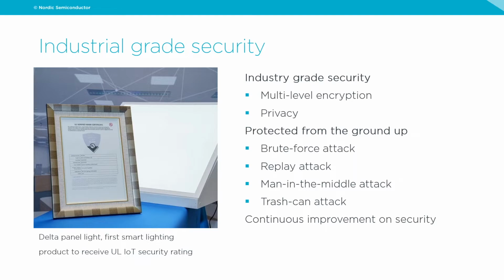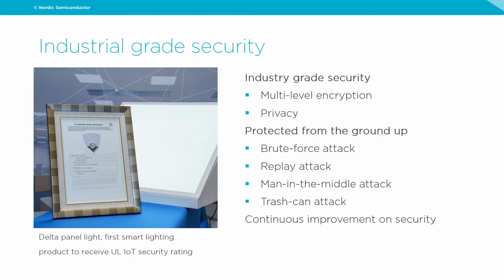The goal is actually industrial grade security. So multi-level encryption, privacy by obfuscating the source address and encrypting the destination address. It's built from the ground up, so we protect against brute force attacks, and replay attacks by the sequence number.